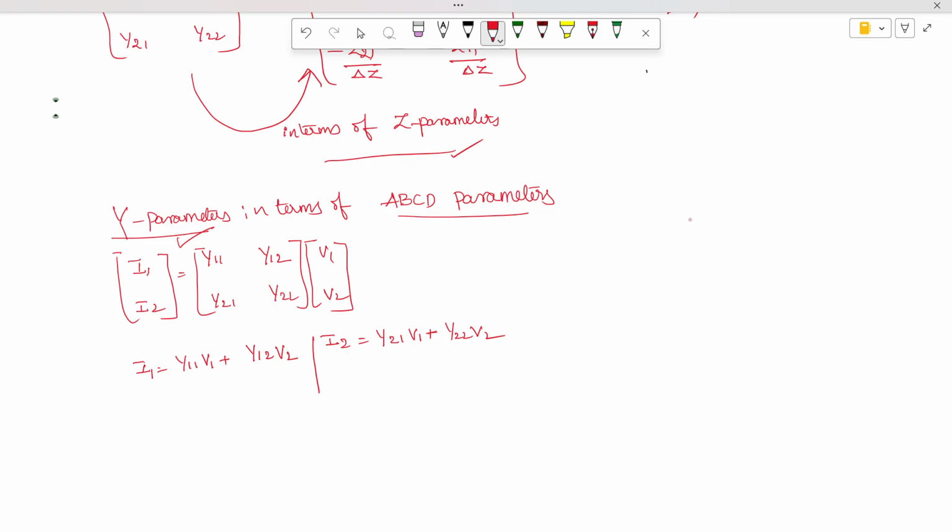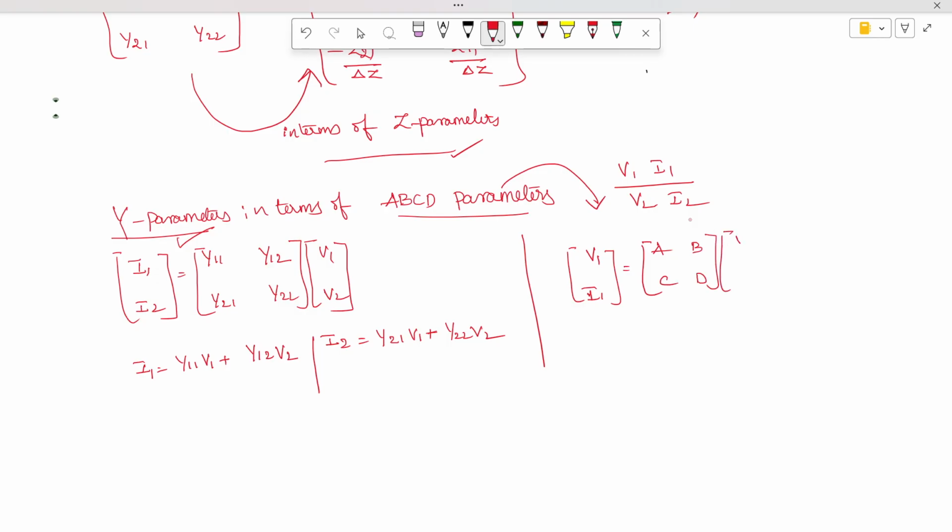Okay, so now coming to the ABCD parameters. V1, I1 are the input, V2, I2 are the output. We write V1, I1, the input port parameters, equal to the 2 by 2 matrix A, B, C, D times V2 and the current, which you have to take as reverse, which is minus I2.